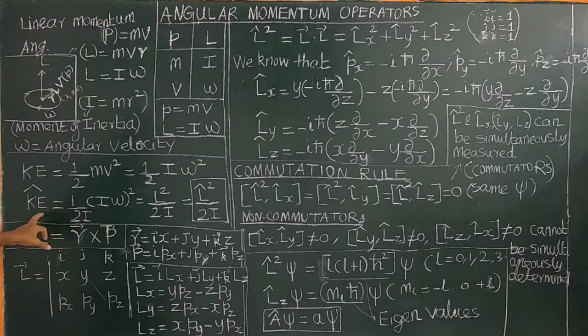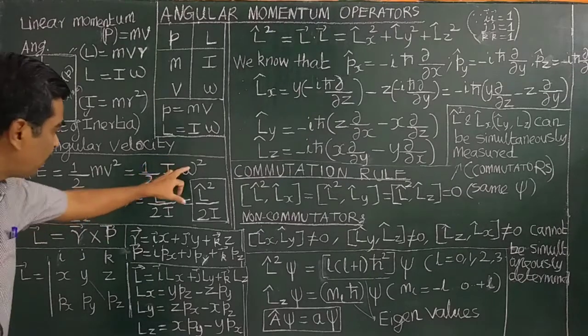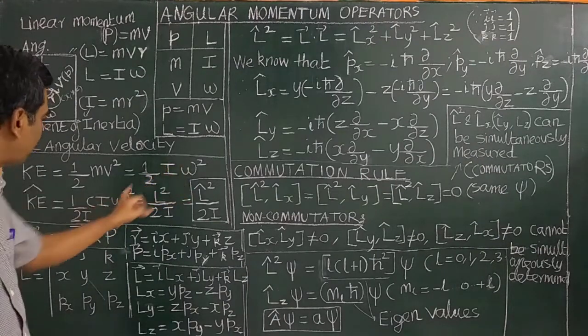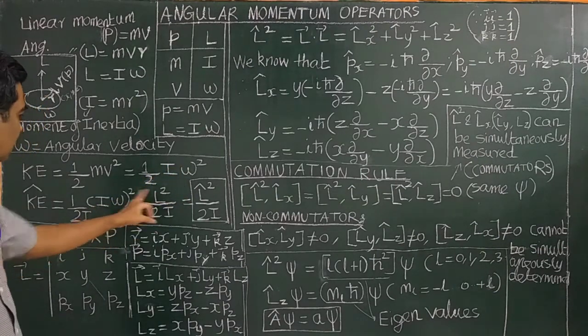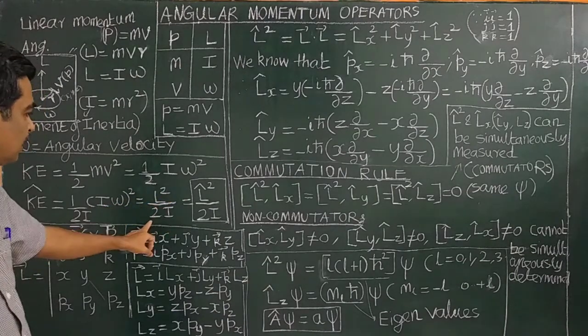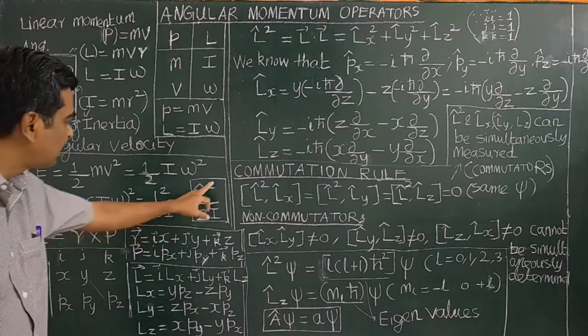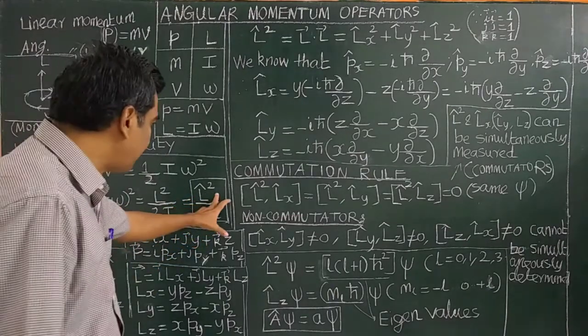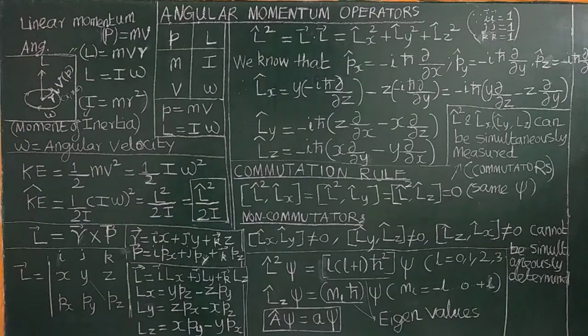Therefore, the kinetic energy operator equals 1 by 2 I omega square. Multiply numerator and denominator by I, and you get I square omega square divided by 2I, and I omega equals L, so this is L cap square divided by 2I. This is the operator for the kinetic energy of the angular momentum.